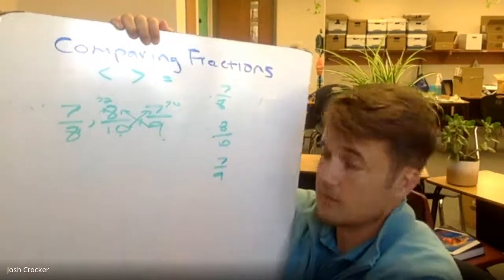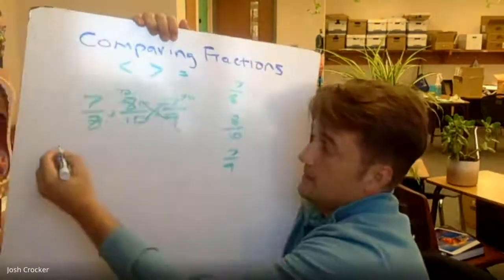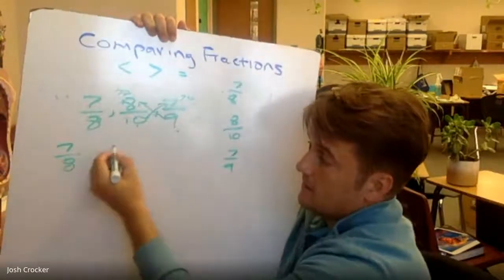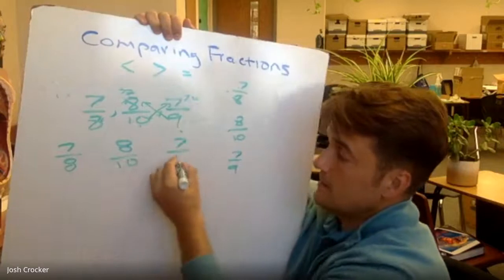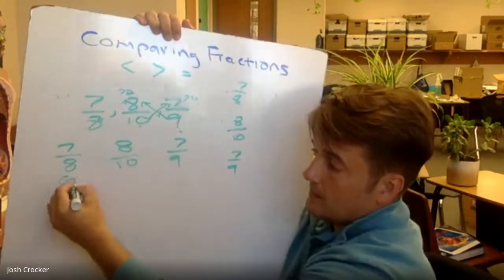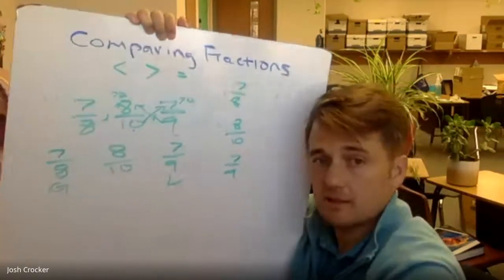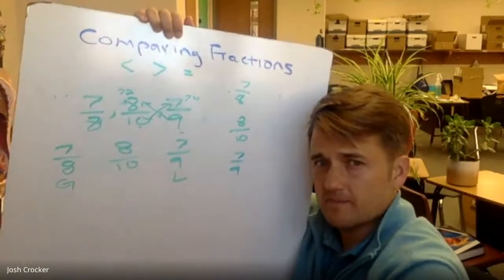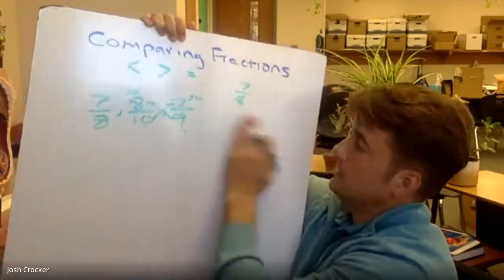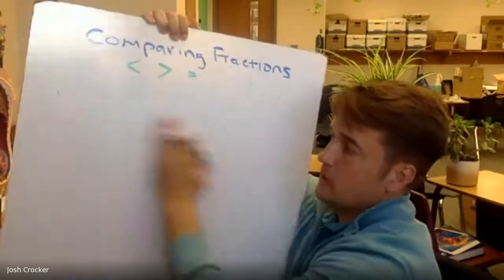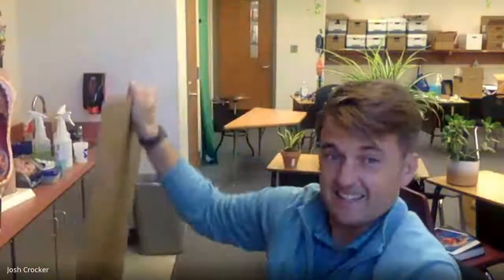So that's my order right there: 7/8, 8/10, 7/9, greatest to least. Cross multiplication will help you compare any two fractions.